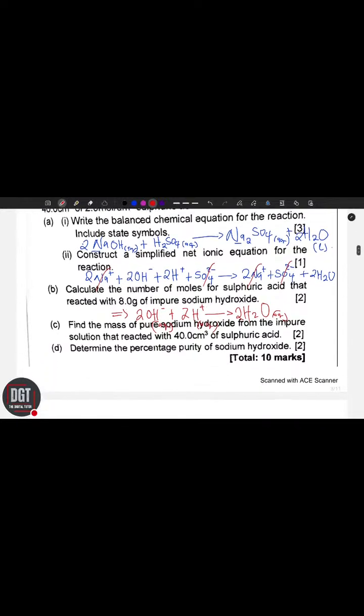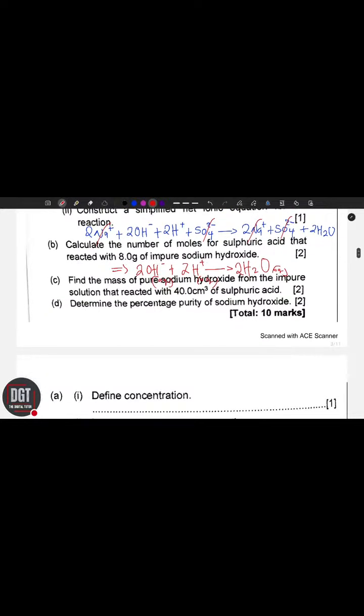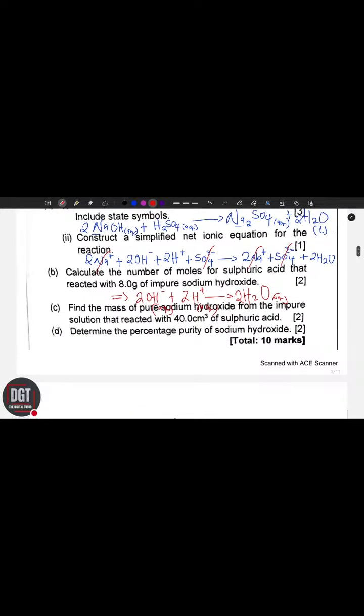Okay? So now, in impure you already know that is 8.0 gram. Now find the mass of pure sodium hydroxide that reacted with the impure solution of 40 centimeter cubed of sulfuric acid.